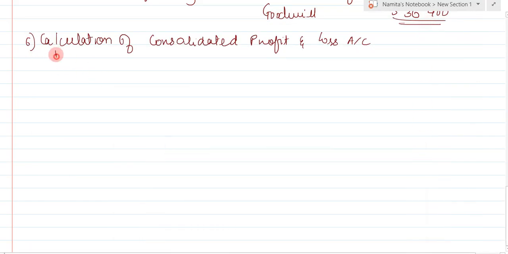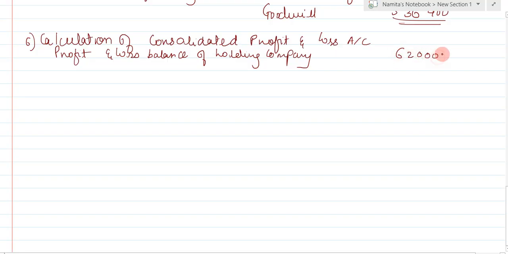There is a typing mistake in the question. Profit and loss balance of the holding company is 6,20,000, and add the share of the holding company. Who is the holding company?